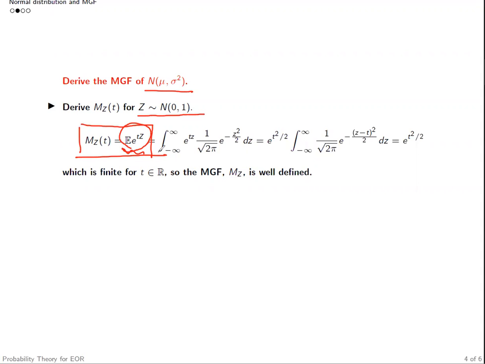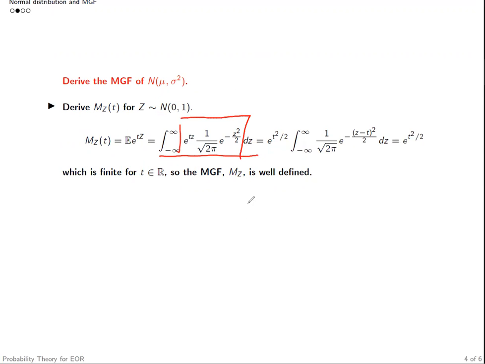is essentially equal to the Riemann integral from negative infinity to positive infinity, over the whole support, of e to the power tz, multiplied by psi of z, the PDF of this Z random variable evaluated at small z. Now, how do we calculate this Riemann integral?